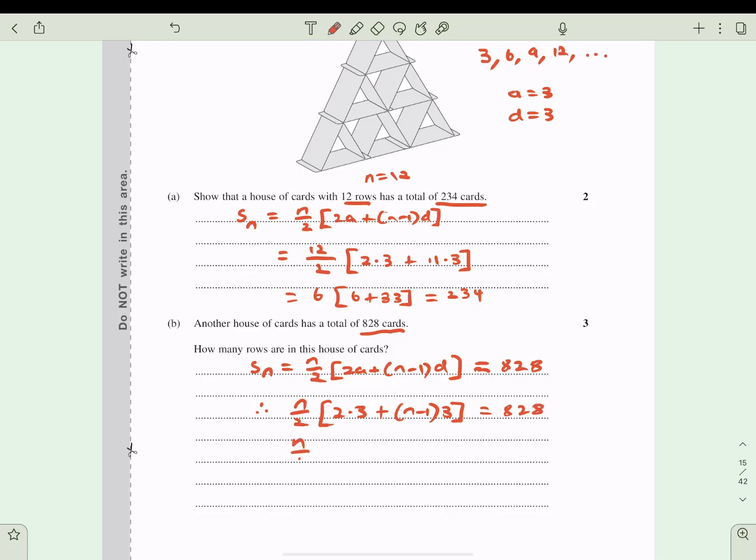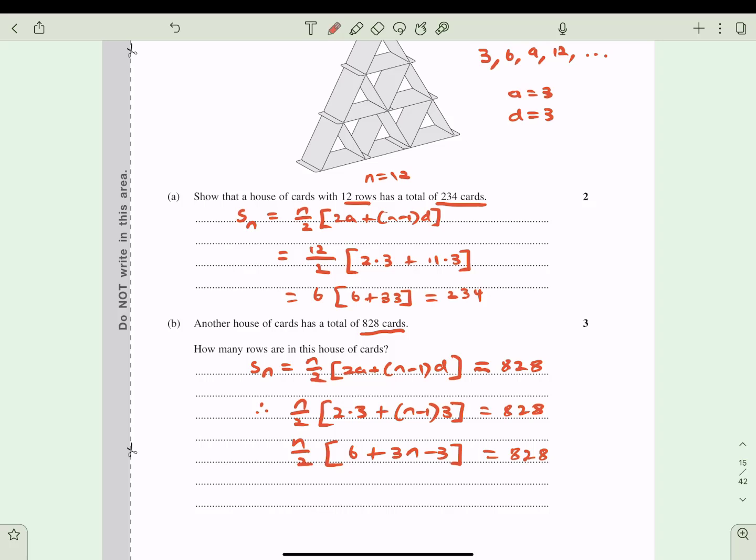Keep going. n on 2 times (6 plus 3n minus 3), so expanding that bracket, equals 828. Now at this point, I think it's a pretty good idea to move this 2 over to the right hand side. So let's do that while simultaneously simplifying my bracket.